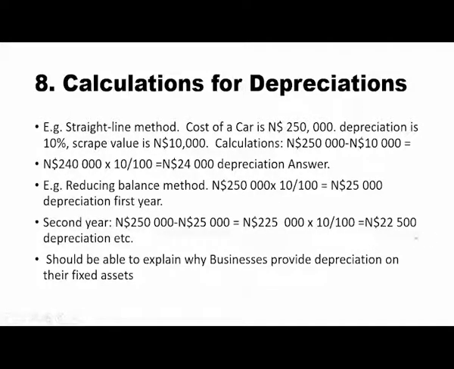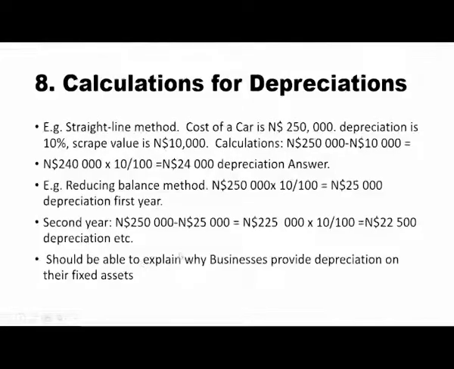It goes on like that. If you calculate for the third year, you take this 22,500 minus this 250,000. Then you get the new balance, multiply by 10, divided by 100. You get your depreciation for the next year. You should be able to explain why businesses provide depreciation on fixed assets.